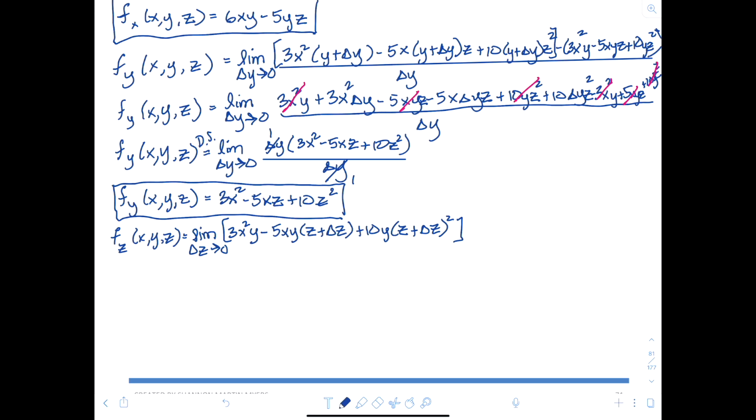And then subtracting from that, f of x, y, and z, we'll have 3x squared y minus 5xyz plus 10yz squared all over delta z.